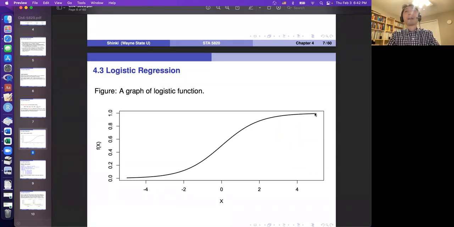Those are probably the famous ones. And also the arctangent. Tangent is like this graph, right? And if we think about the arctangent, it looks like this. Maybe the range is slightly different, maybe negative pi over 2 to positive pi over 2, but we just adjust that range into 0 to 1.